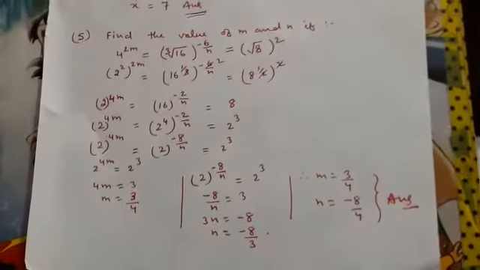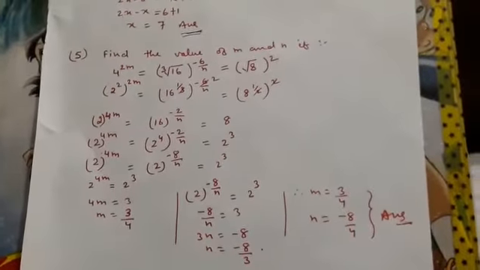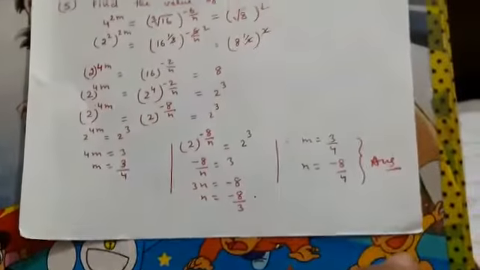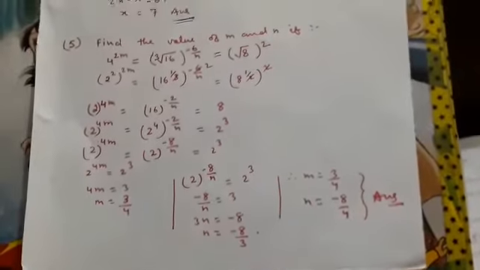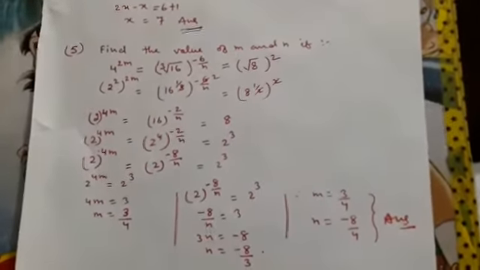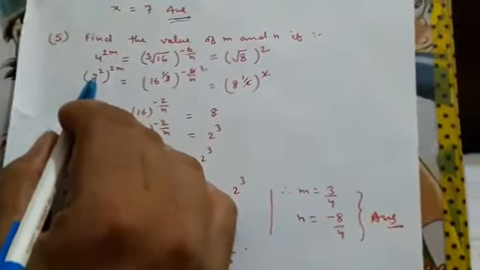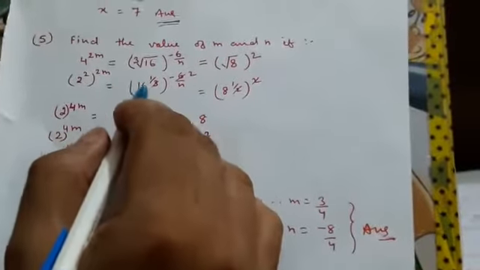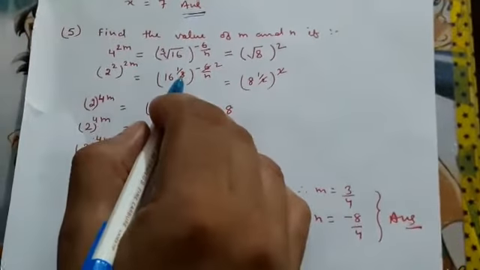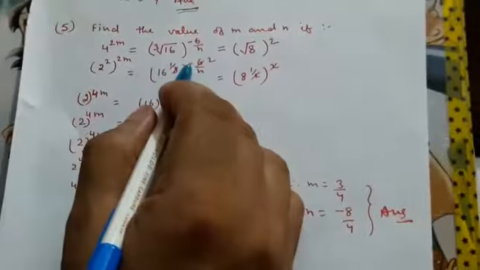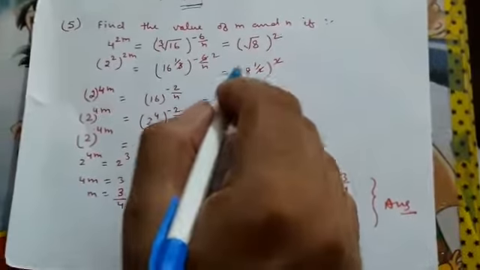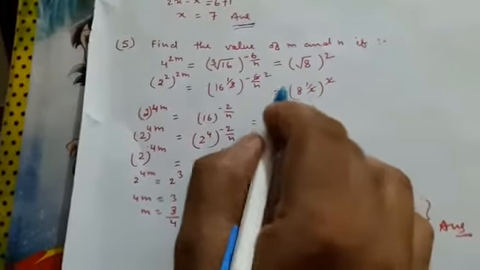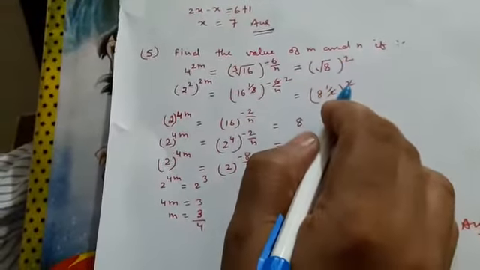Find the value of m and n if 4 power 2m equals the cube root of 16 raised to the power minus 6 by n, equals the square root of 8 raised to the power 2. So in place of 4 we'll write 2 square to the power 2m, equals 16, this is a cube root so we will write 1 by 3, its power is minus 6 by n, equals 8, this is a square root so 8 power 1 by 2, and its power is 2.